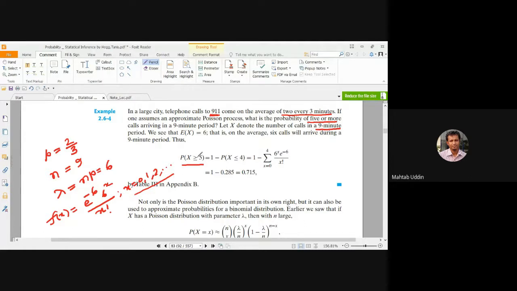So you cannot complete this with a greater-than-or-equal relation. So we have to use the complement: 1 minus P of x less than or equal to 4. So 1 minus this, x equal to 0 to 4 as before. Putting there, after summing and simplification, the probability of x greater than or equal to 5 is 0.715.